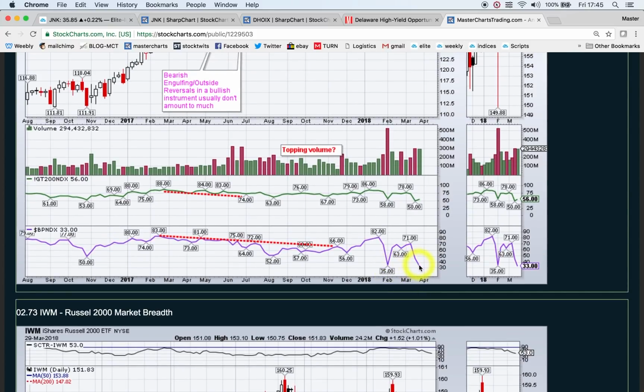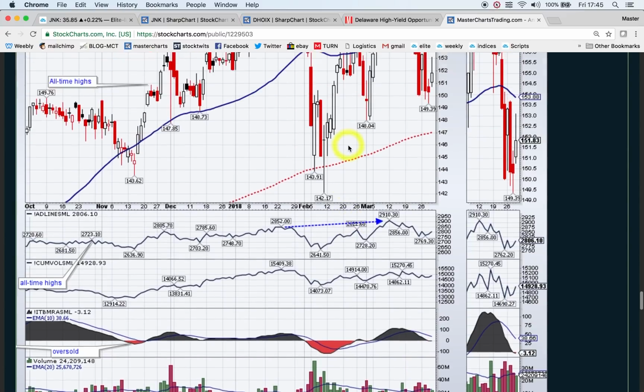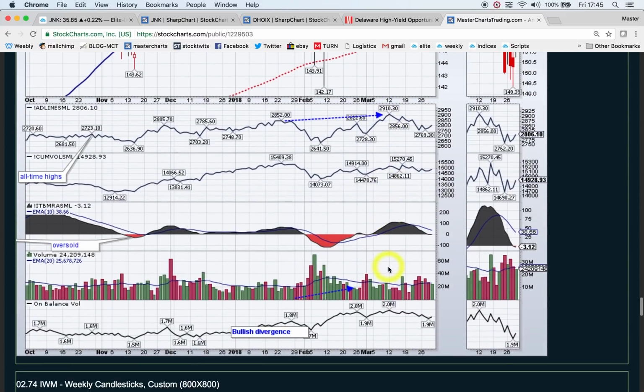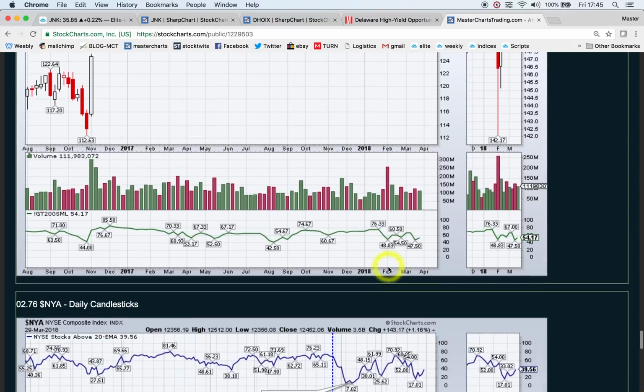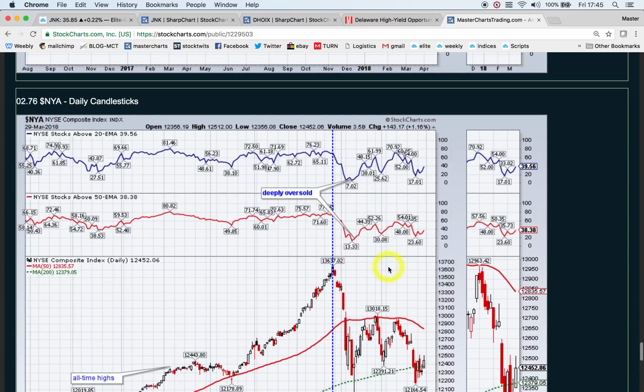QQQ is also oversold. Bullish percent index is only 33%, so definitely oversold. Small caps, same thing. We see a bullish divergence, if anything. I don't see enough bearishness to warrant a bearish posture.